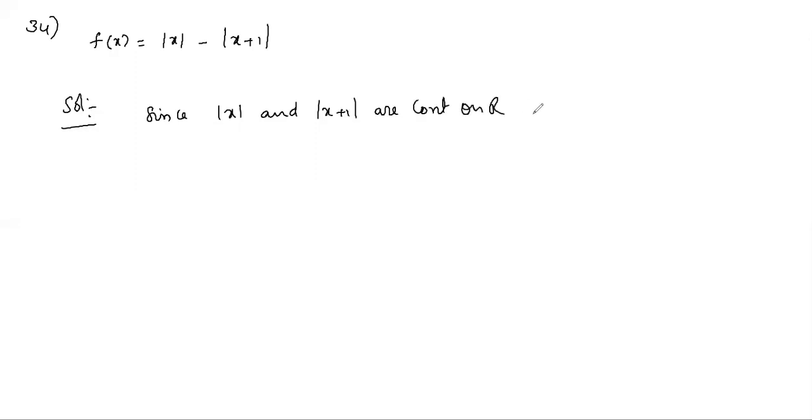So their difference, mod x minus mod x plus 1, is also continuous on R. Therefore, we have to find the points of discontinuity. So there is no point of discontinuity.